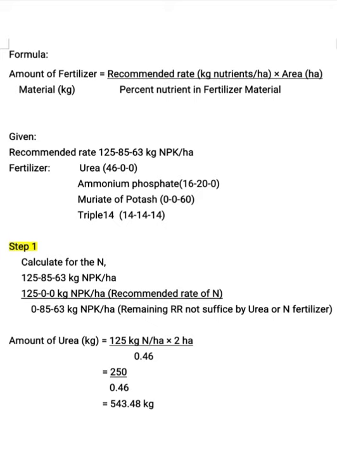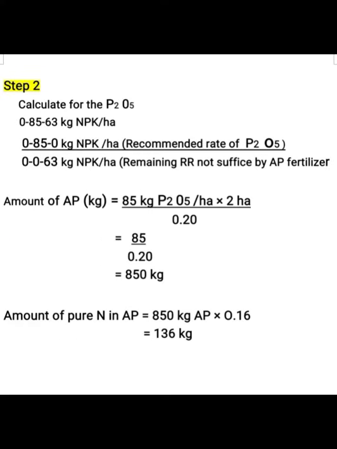I use urea since urea contains 46% nitrogen. I will convert 46% into decimal, which is 0.46. 125 kg of nitrogen per hectare multiplied by 2 hectares and divided by 0.46, I get 543.48 kg of urea for 2 hectares, so that I suffice that 125 kg nitrogen requirement per hectare.